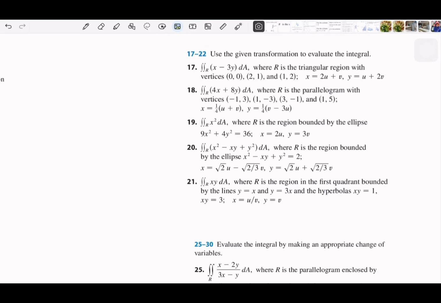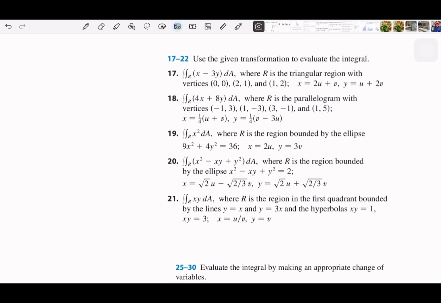by taking this. Perhaps, let me check. Let's try maybe 18, or perhaps yeah, 18.